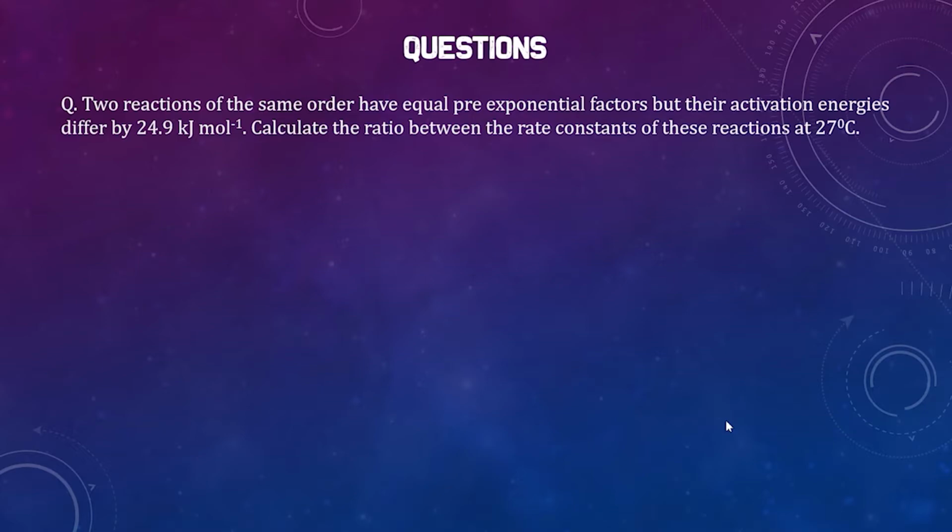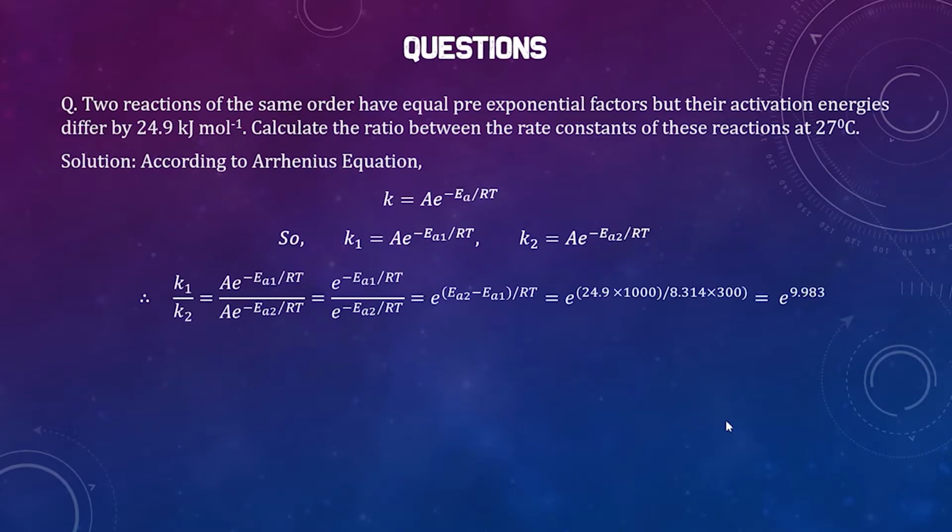You have to find K2 by K1 if Ea2 minus Ea1 is given as 24.9 kilojoule. So the Arrhenius equation is the formula and we have solved. Let it be in the pre-exponential factor, okay, because it is going to be like what?